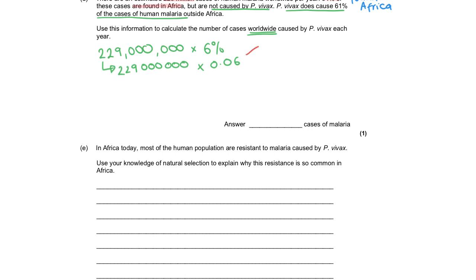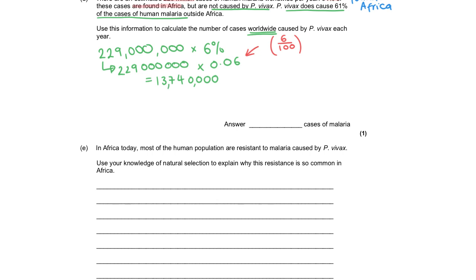But remember, you can also write in your calculator 6 over 100. That's going to give me an estimated number of malaria cases outside Africa of 13,740,000.